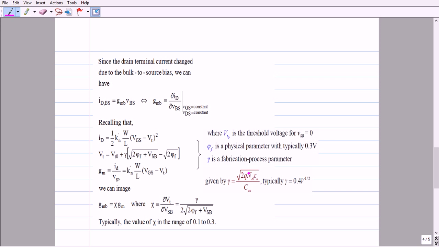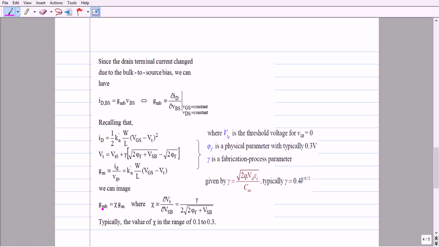Na is the doping concentration of the p-type substrate. Epsilon s is the permittivity of silicon whose value is 11.7 times the absolute permittivity, and COX is the oxide capacitance. Typically, gamma is in the range of 0.4 root V. Now we can see that GMB is related to GM.